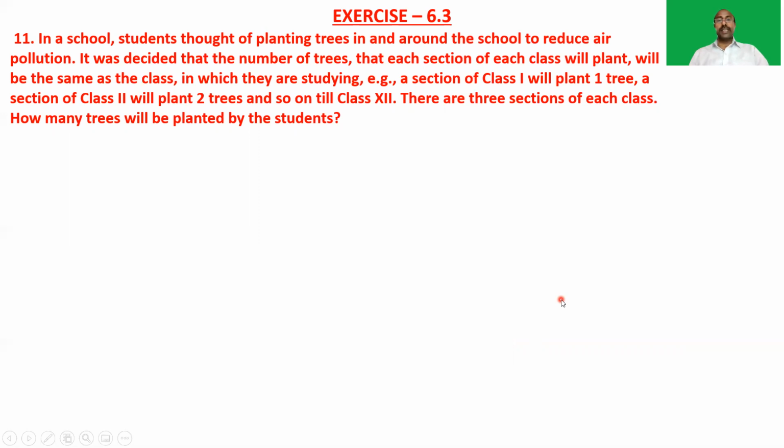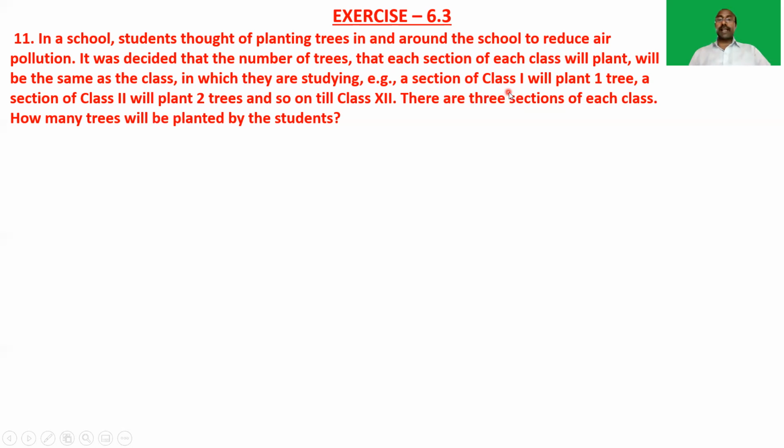Okay students, there are 12 classes in the school, and each class consists of 3 sections. And it was decided to plant the trees such that each class will plant a number of trees equal to their class. An example is also given here.